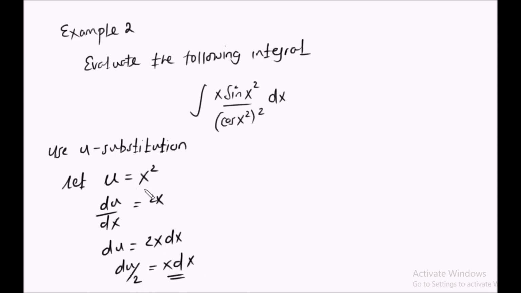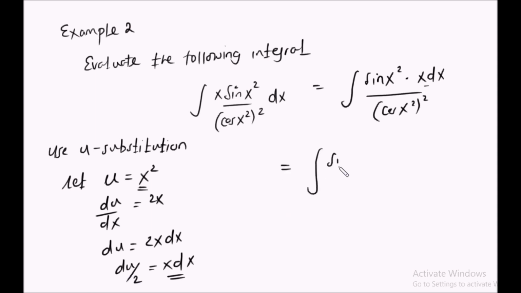You see, kwa nini let u is equal to x squared? Niliona hii, sasa nikaiandika hivi, sin x squared times x dx over cos x squared, squared. So this x dx kumbe ni huyu du over 2.